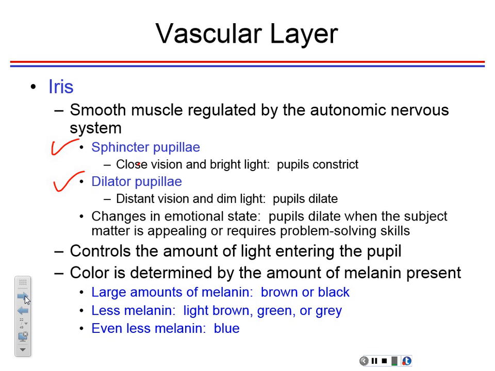And then light brown, green, and gray, and so forth, those eyes have a medium amount of melanin. Although there are some dark-skinned individuals that have blue eyes, you never really see it, because they have too much melanin in there. So that's just what happens. And the iris is the part that's colored, right?